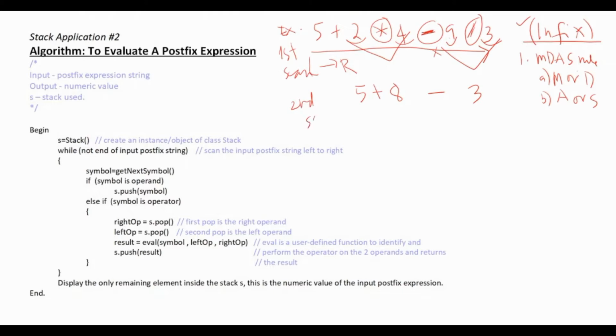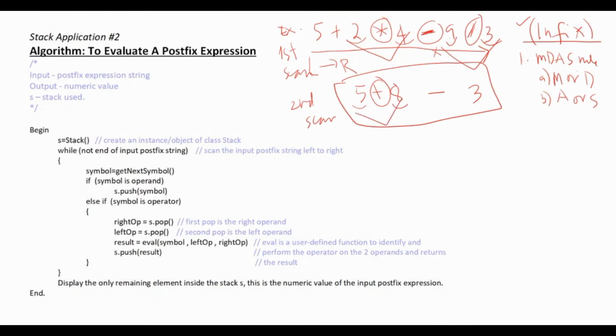On the second scan, we have this resulting infix expression. Take note that only the addition and subtraction operators are left. Again, left to right, we encounter addition, so we get the left side and the right side of the operator as the left and right operands.